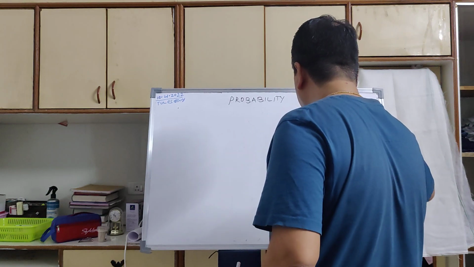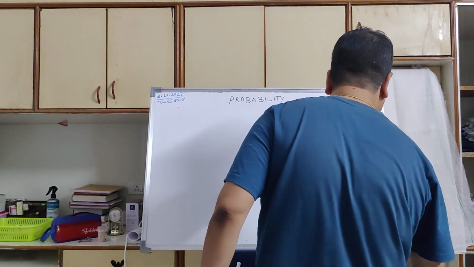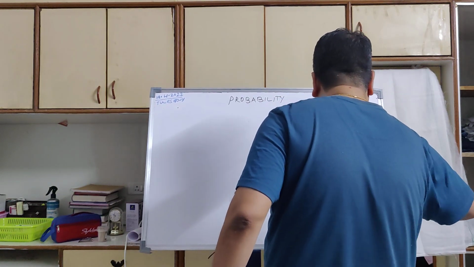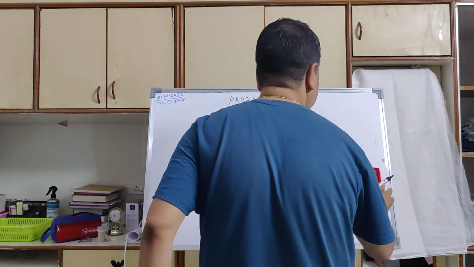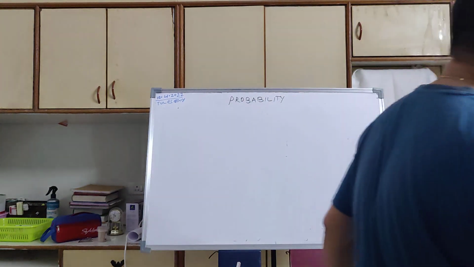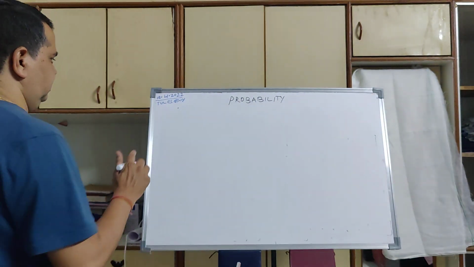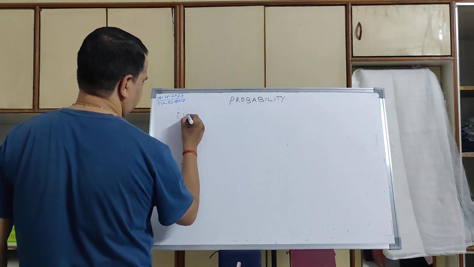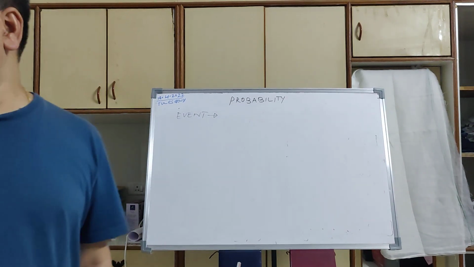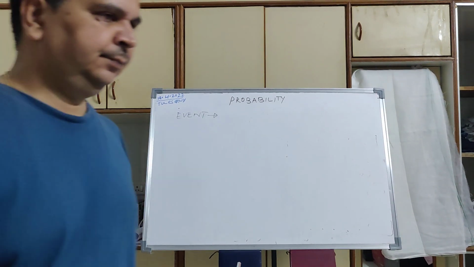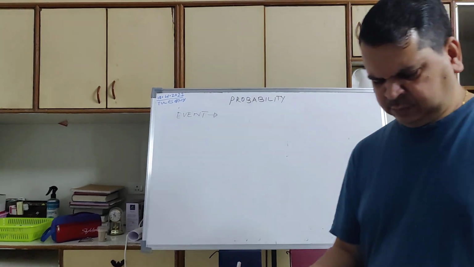In section 16.3 in your book: event. Another terminology in probability is event. What is an event?